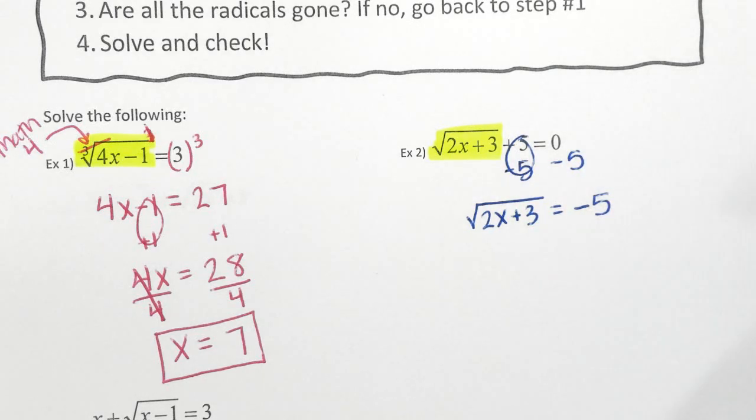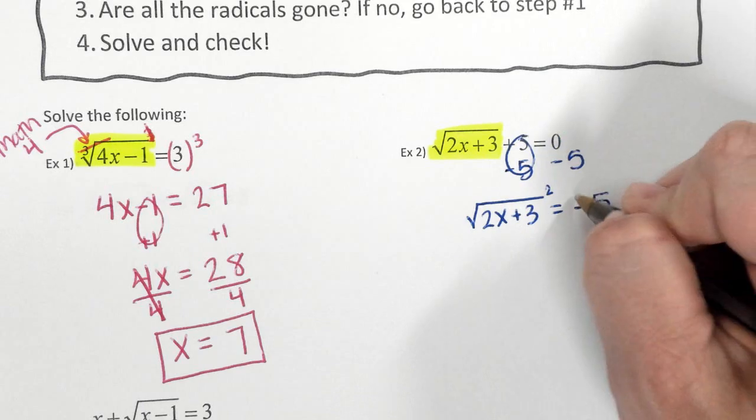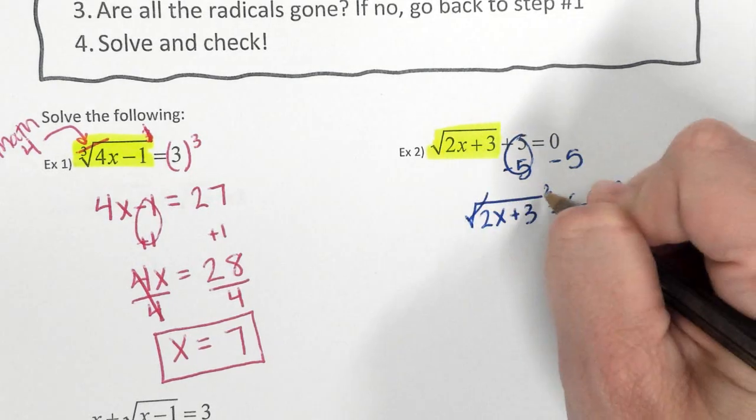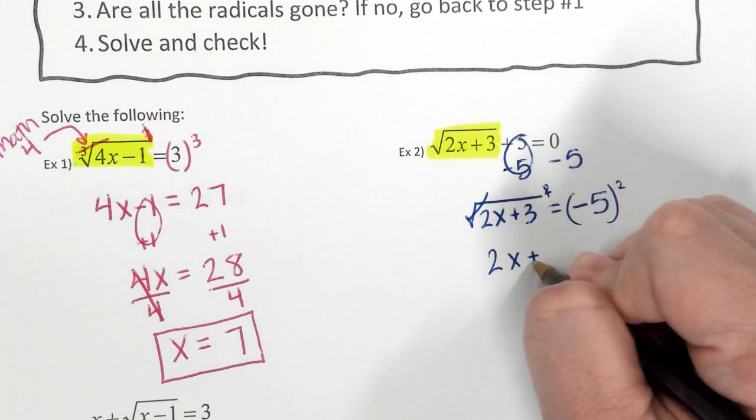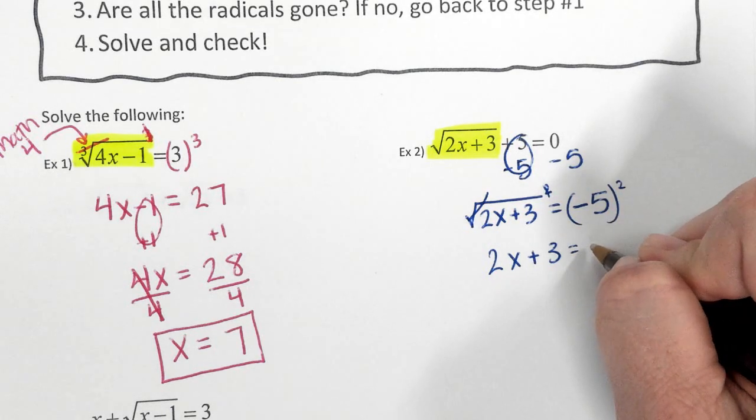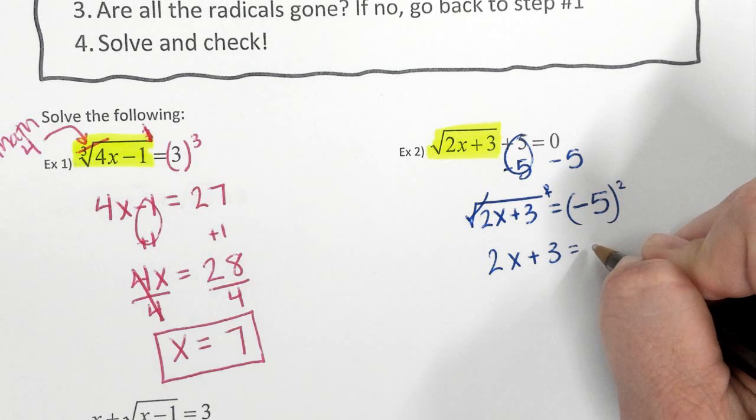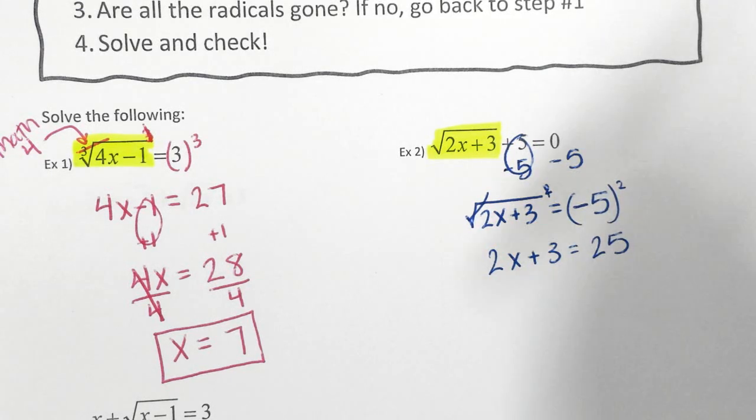So our radical's alone, and we have to get rid of our radical. So how do we do that? We square both sides. So when I square both sides, I get 2x plus 3 equals what? 2 negatives makes a? So it's actually positive 25.